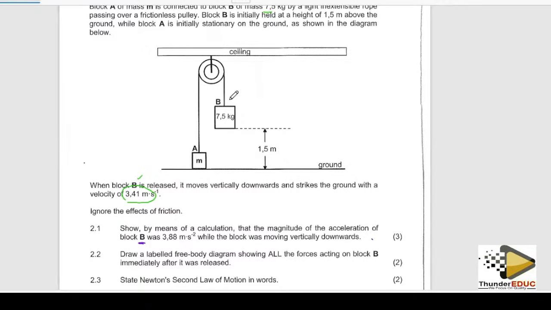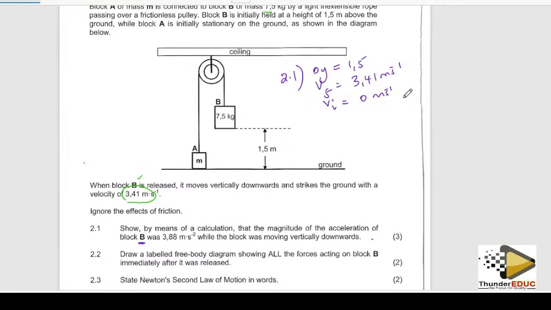And if I look at it in that form, then I'll have to apply those equations of motion. In this case, what do I have? I have my displacement, so change in y is 1.5. What else do I have? I have my final velocity, which is 3.41 meters per second. What is our initial velocity? It's 0.